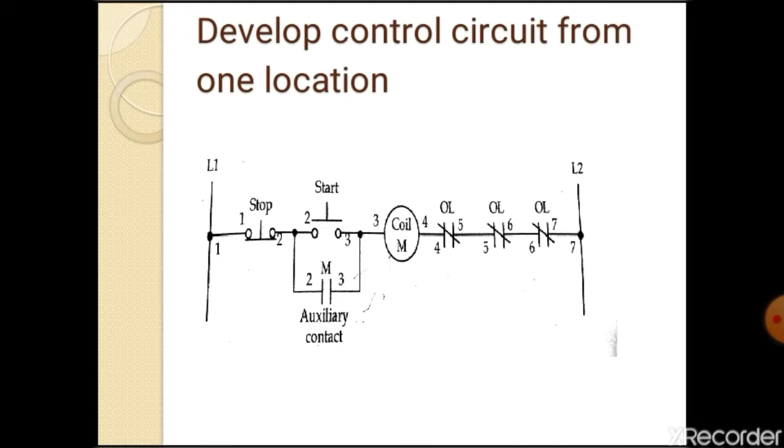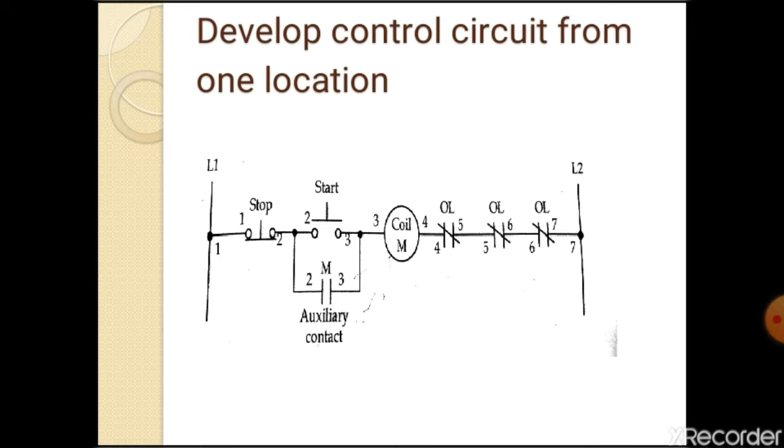Now we'll study how it will run. First we need to press the start push button, the motor starts running, and press the stop push button, the motor stops. When the start push button is pressed, the power flow takes place from L1 to L2. So the coil is energized and the motor will run.